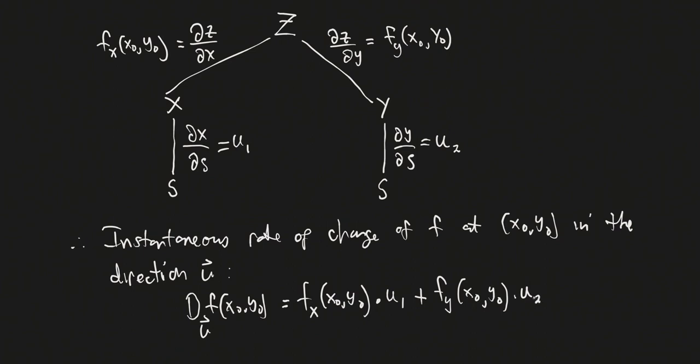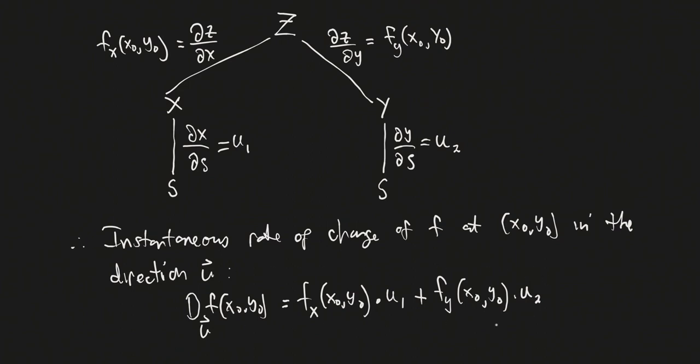And look at what it says to do. It simply says, take the partial derivative of my surface with respect to x, evaluate it at the point, multiply it by the x component of the direction vector, and then add to that the partial derivative with respect to y evaluated at the point multiplied by the y component of the direction vector.